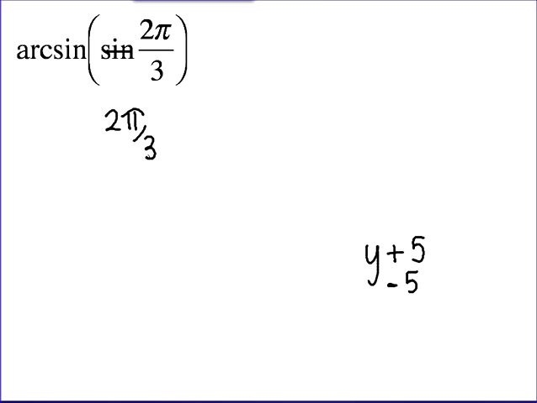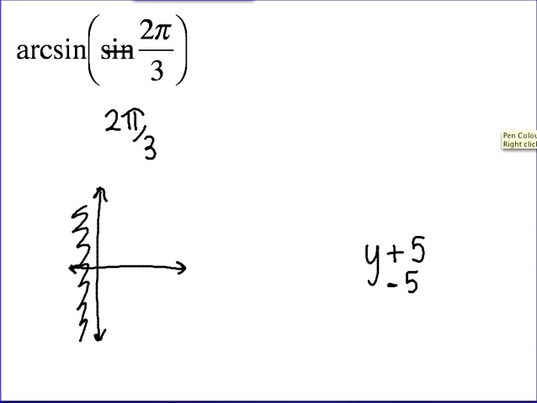But arcsine isn't in 2 pi over 3, because arcsine is only in 2 quadrants, here and here. So what I need to do is come up with a triangle that has the exact same values, but it's in one of the 2 quadrants.